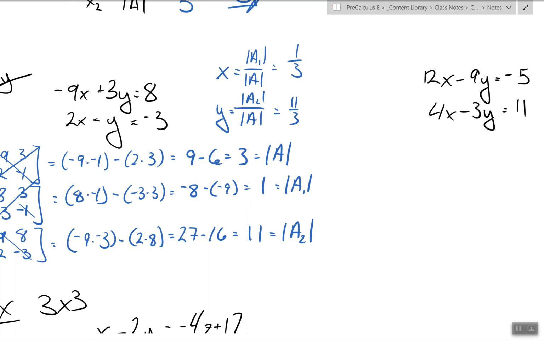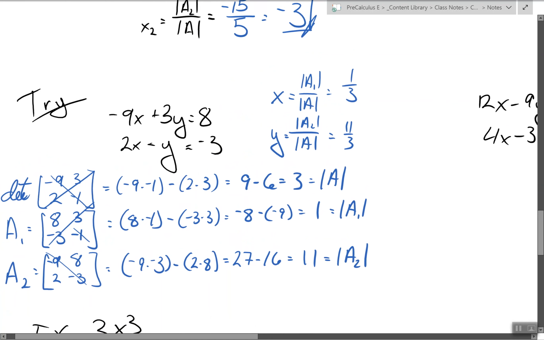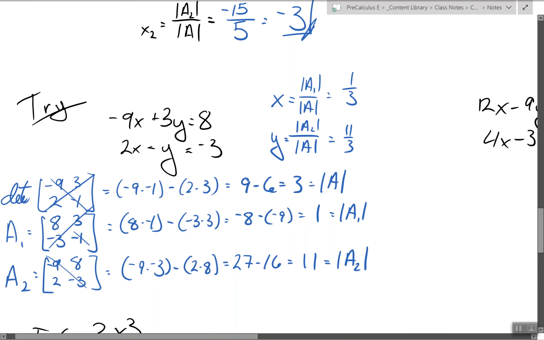Okay, so let's verify because those are not pretty numbers and I just want to make sure. So we have negative 9 times 1/3 plus 3 times 11/3. So 1/3 of negative 9, that's negative 3. And 3 times 11/3, that's going to be 11. And negative 3 and 11 makes 8. Okay, good.